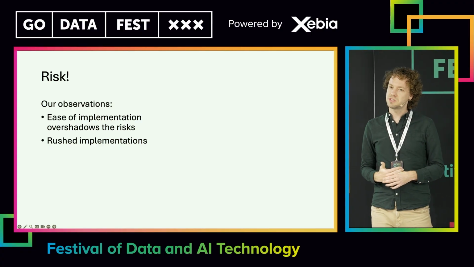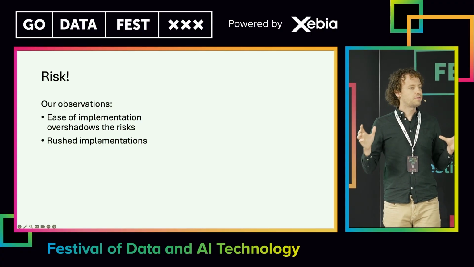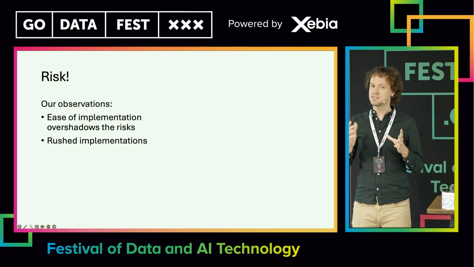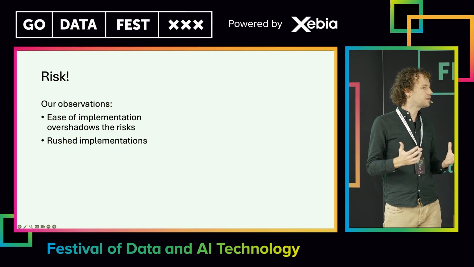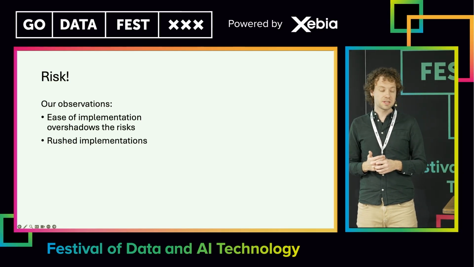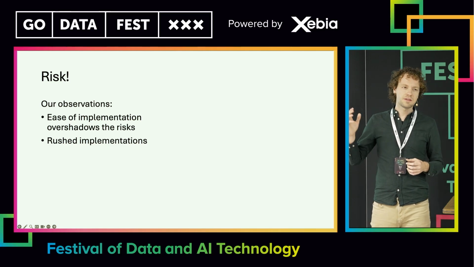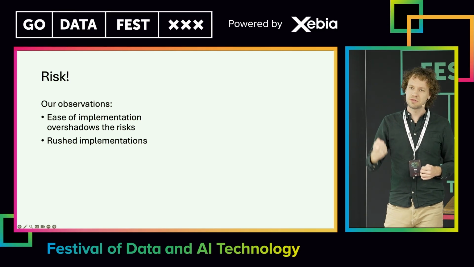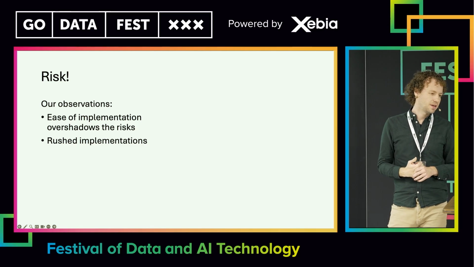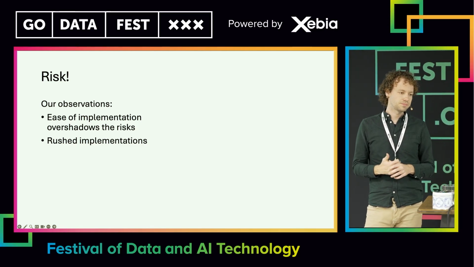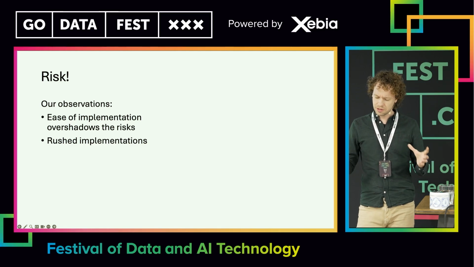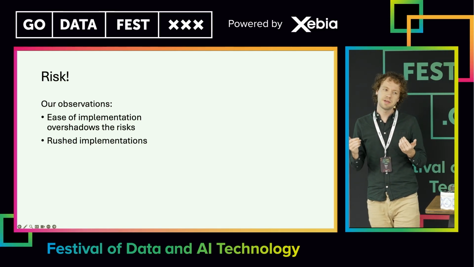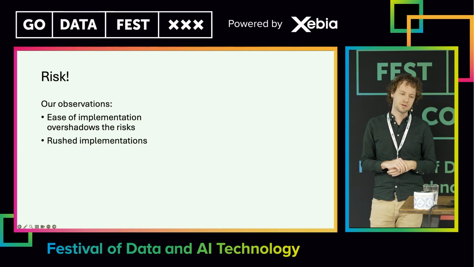And what we also see is a lot of companies and organizations are really eager to implement AI in their processes. And a lot of times we also see rushed implementations. They really want to go live, go into production with this tool. But it's good sometimes to take a step back and think about the risks that are involved.